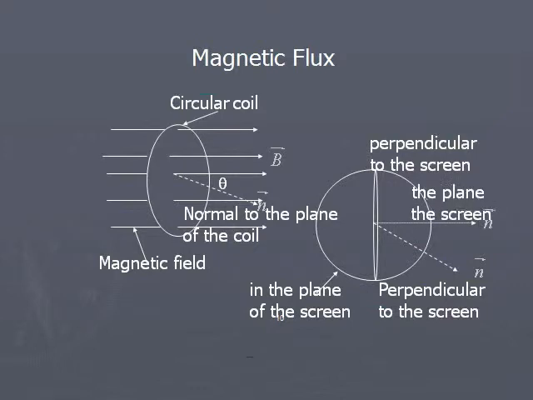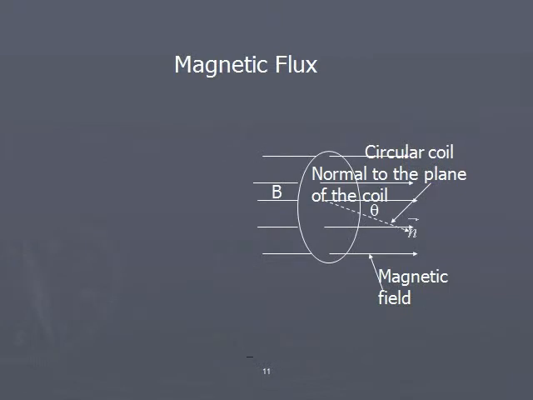If the coil is perpendicular to the plane of the screen, then the normal will be in the plane of the screen. It is indicated by solid vector n bar. Now, this is only to give the understanding of the normal situated with the circular coil.